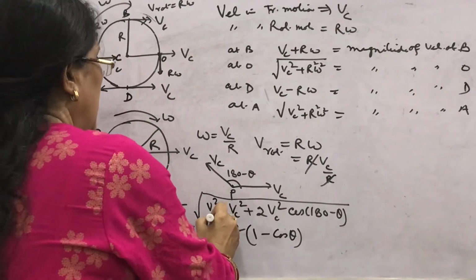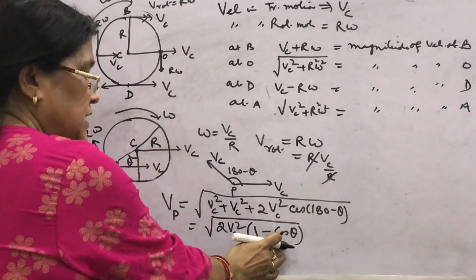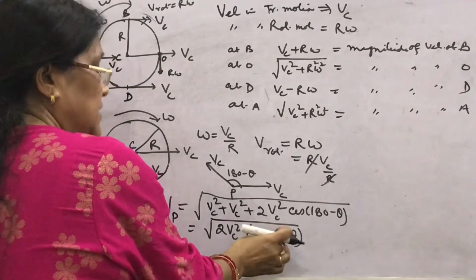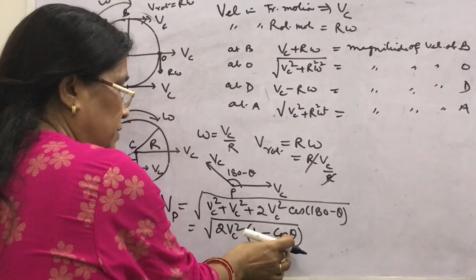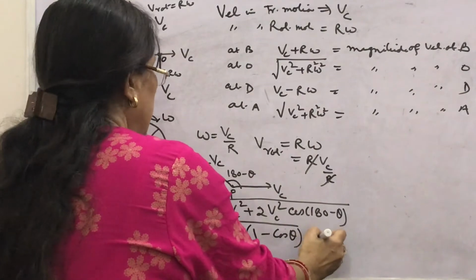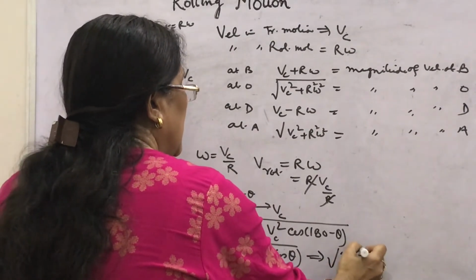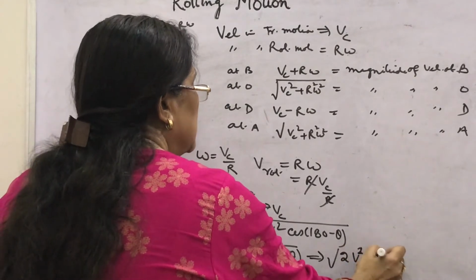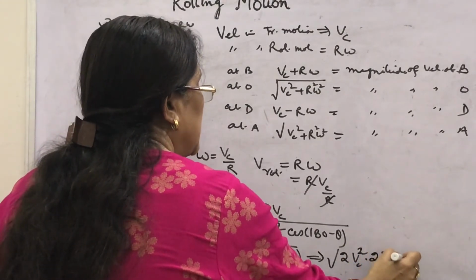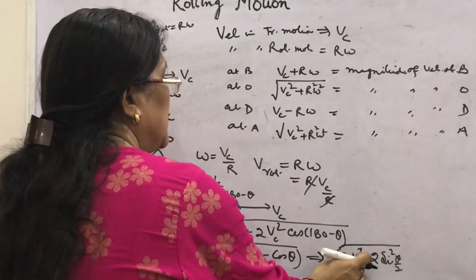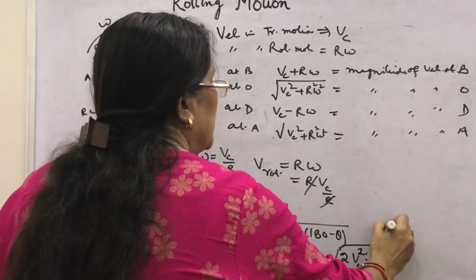Okay, and you know in the trigonometrical identities, 1 minus cos theta is 2 sin square theta by 2. Then what can you write here? Under root, 2VC square into 2 sin square theta by 2. So 2 into 2 and VC square, finally what will you get?